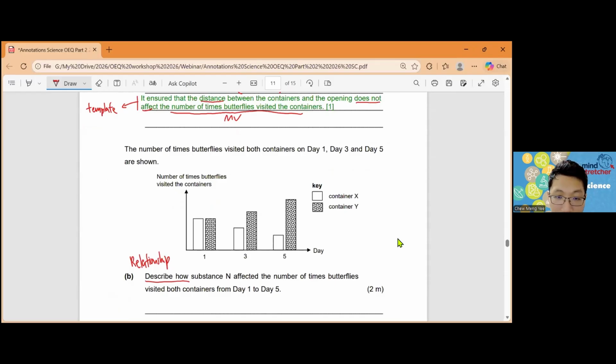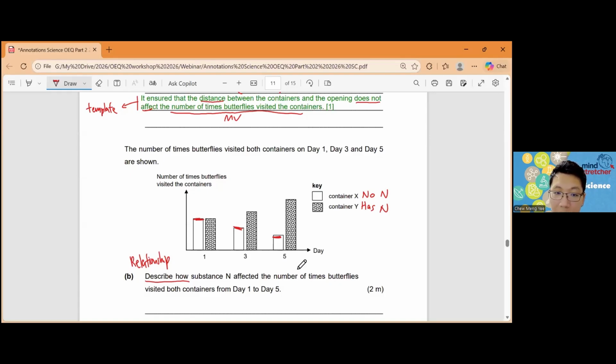Container X is the white bar graph. X has no substance N. So you can see for X, initial is here, it has decreased over time. And Y has N. Just put it here so I don't get confused.